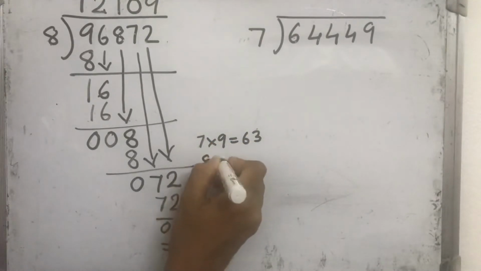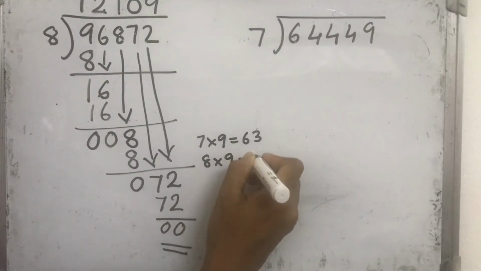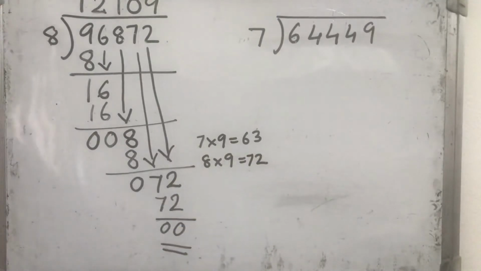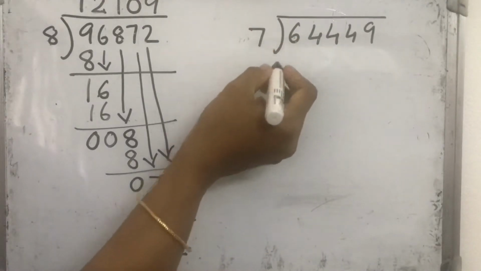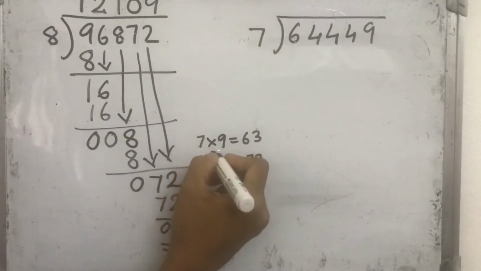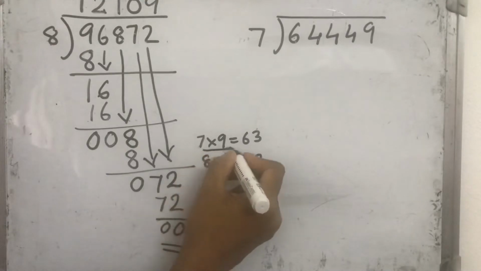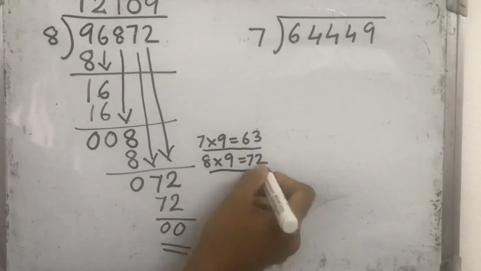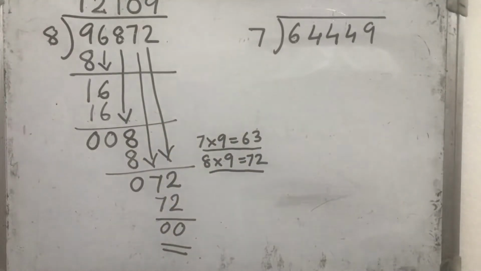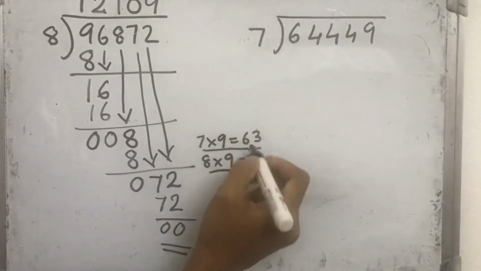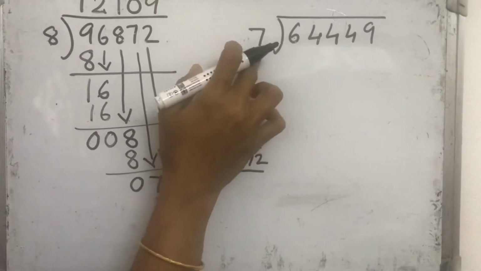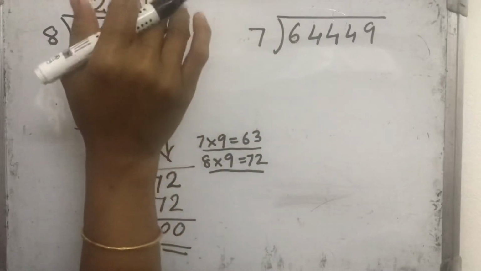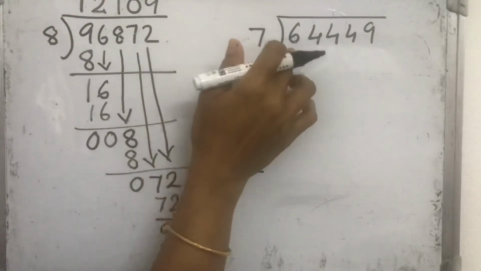Then 8 into 9, how much? 72. Here the number is 64, and we have two multiplication facts, 7 into 9, 63, and 8 into 9, 72. Which multiplication fact will we take? The number is not exactly divisible, and in the multiples of 7 there is no 64.